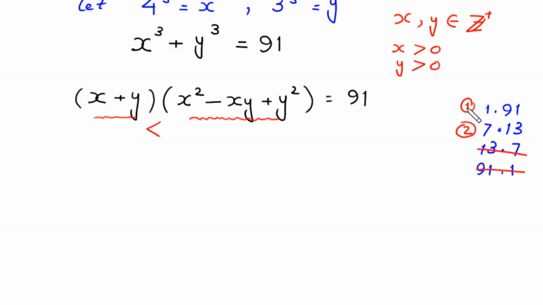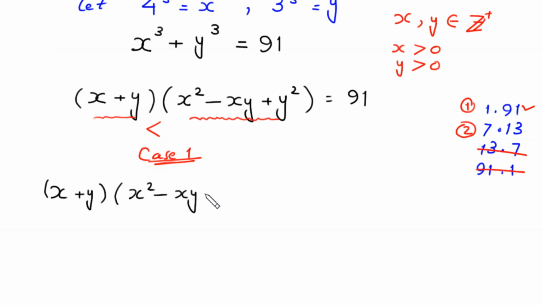And first we solve this case 1 times 91. In case 1, we write this (x plus y) times (x squared minus xy plus y squared) equal to 1 times 91, and we write this smaller factor x plus y equal to this smaller factor 1, and we write this greater factor x squared minus xy plus y squared equal to this greater factor 91.